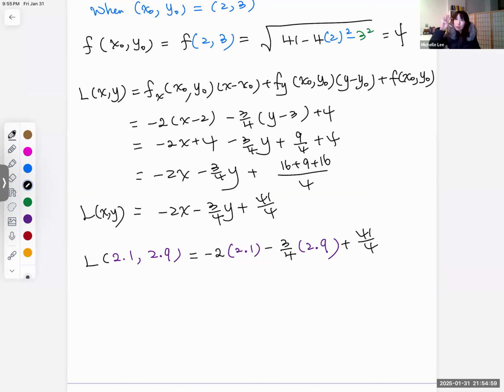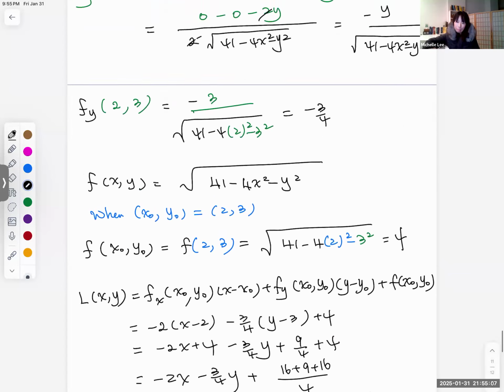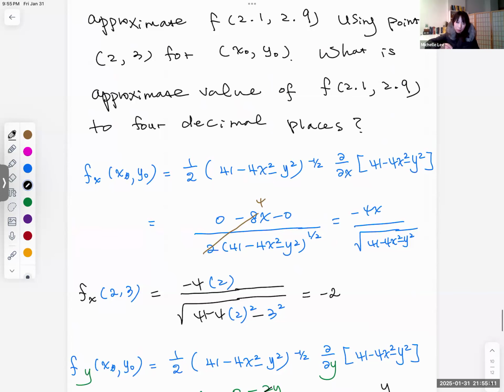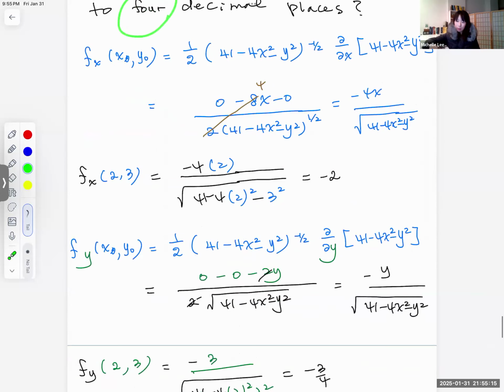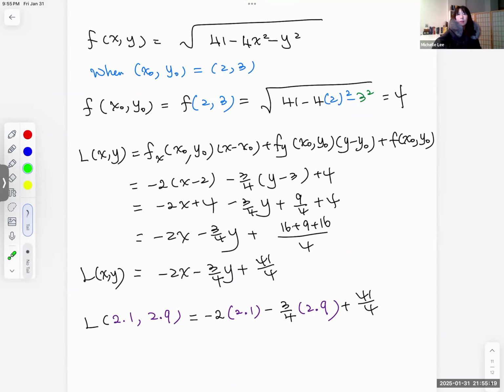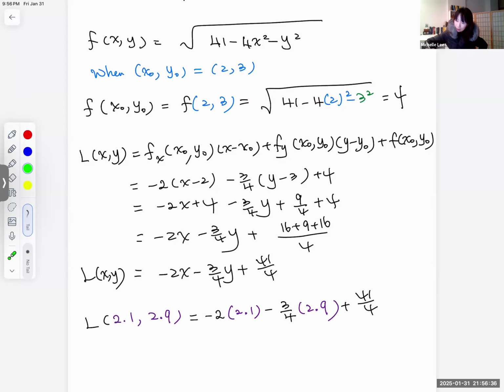We need 4 decimal places. They say that, right? Okay, so we get 3.875.